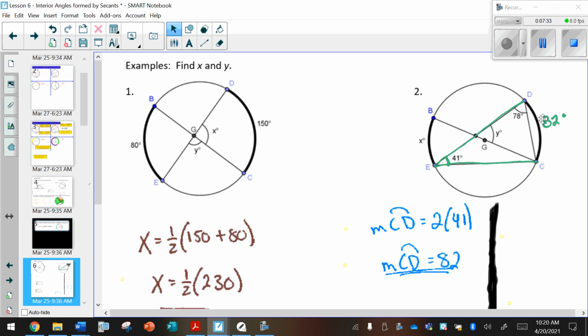Now that I know that arc, I am then going to use similar strategies with angle EDC to get arc EC, because that inscribed angle of 78 degrees can be doubled to get arc EC as 156 degrees.